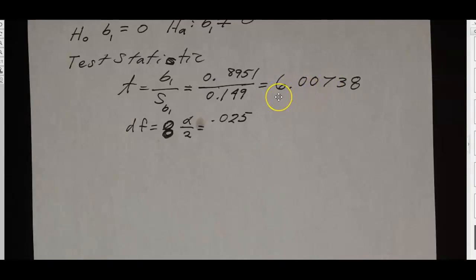So using this t statistic at 8 degrees of freedom, we would look up the corresponding area that this represents using the t distribution table.